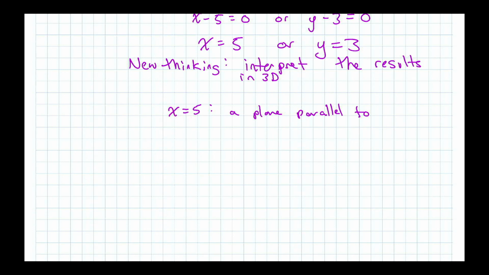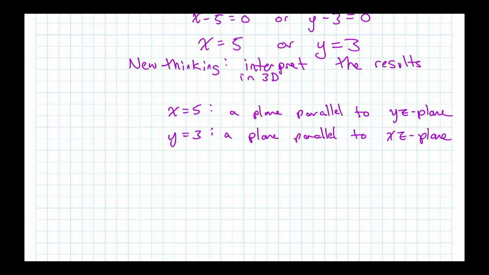So it's parallel to the yz plane. And y equals 3, our other option here, is another plane parallel to what? Parallel to the xz plane, right? Just the two variables that aren't being used.